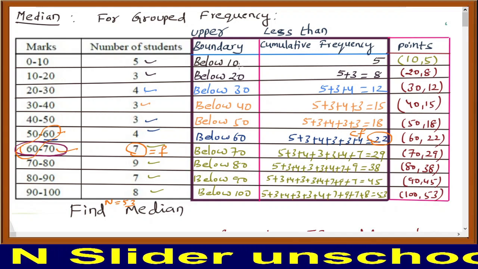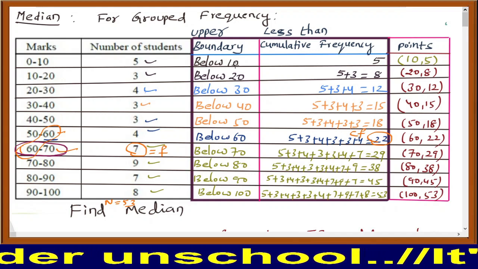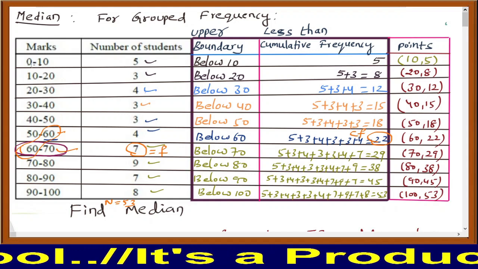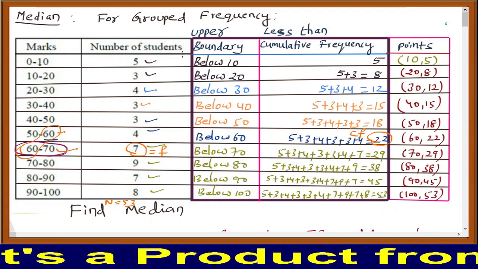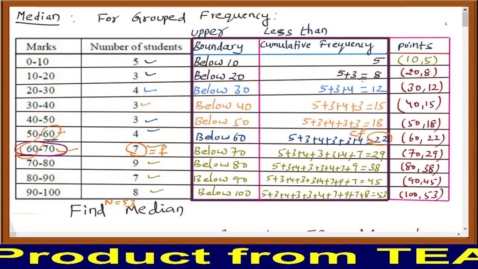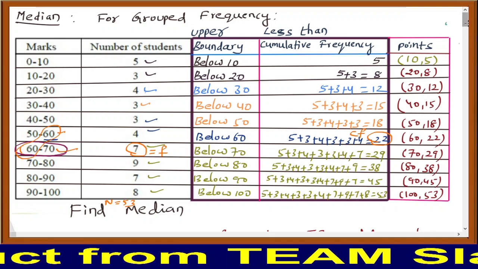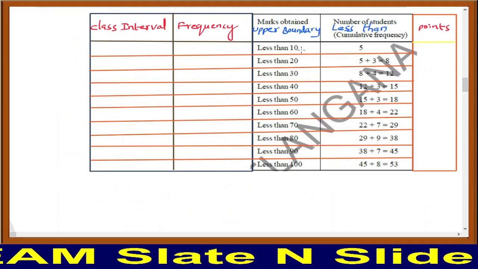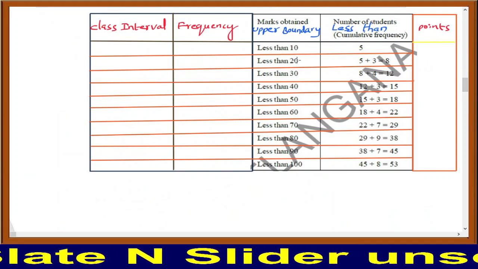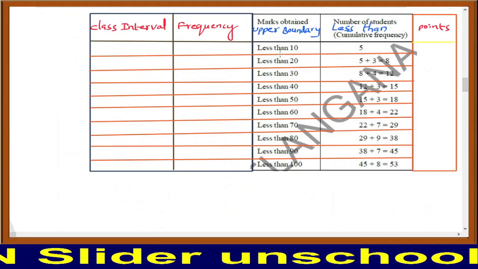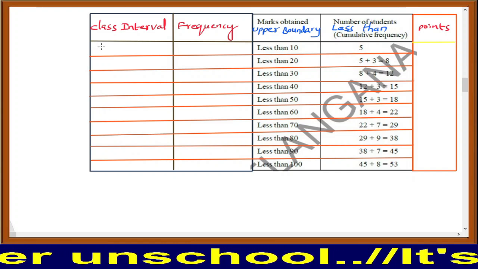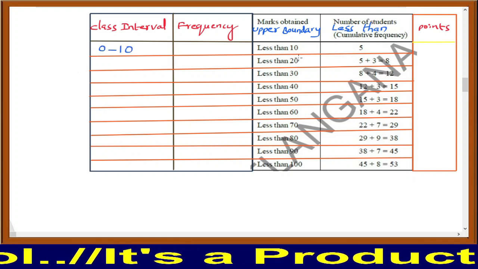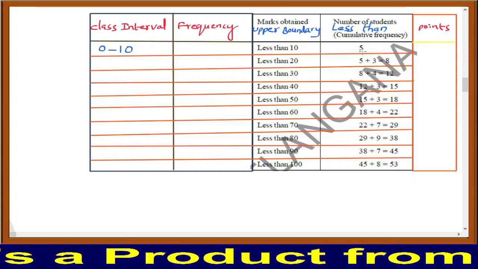And below 10 means we have to take from 0 itself, the class interval will be 0 to 10, then the number of students, that means frequency, will be 5. Okay. So let us observe the new question. See this, the difference between the upper boundaries is 10, so the class interval will be 0 to 10 first, and we should write the frequency. Below 10 marks the number of students is 5.